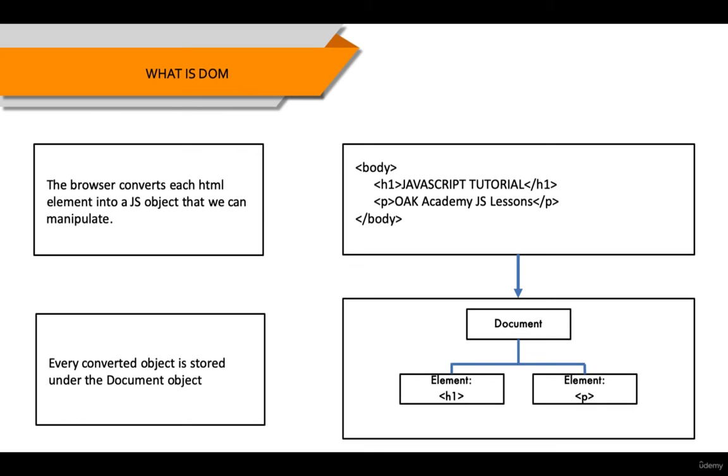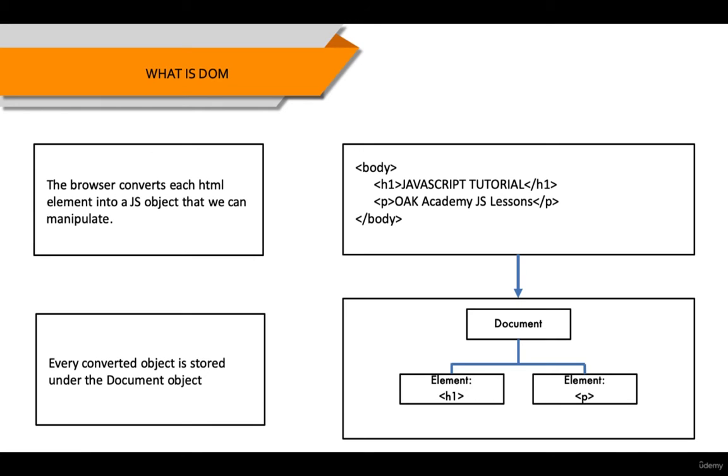All we need to know here is that when we load up HTML, it is displayed in the browser, and the browser takes each element and turns it into an object. So that covers the object model part.